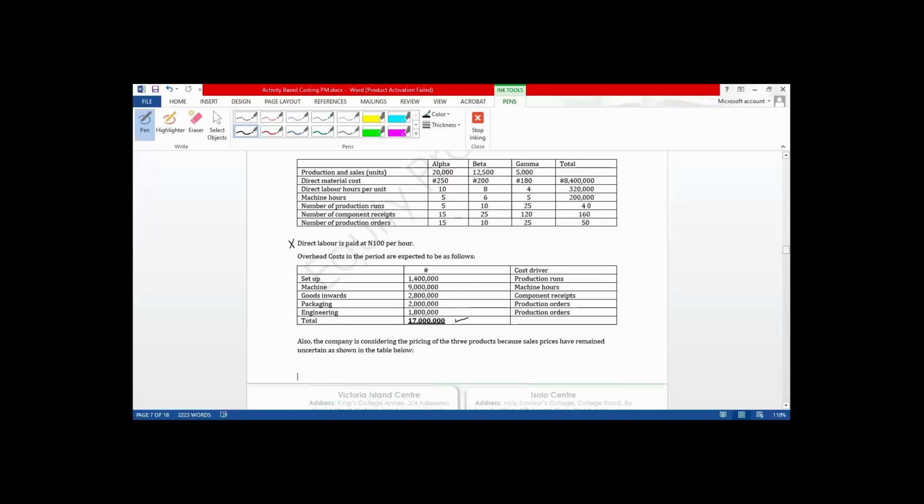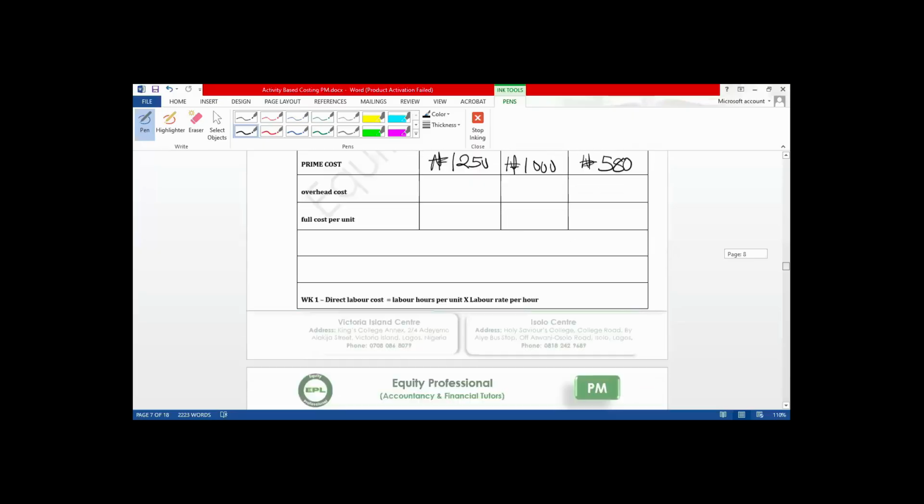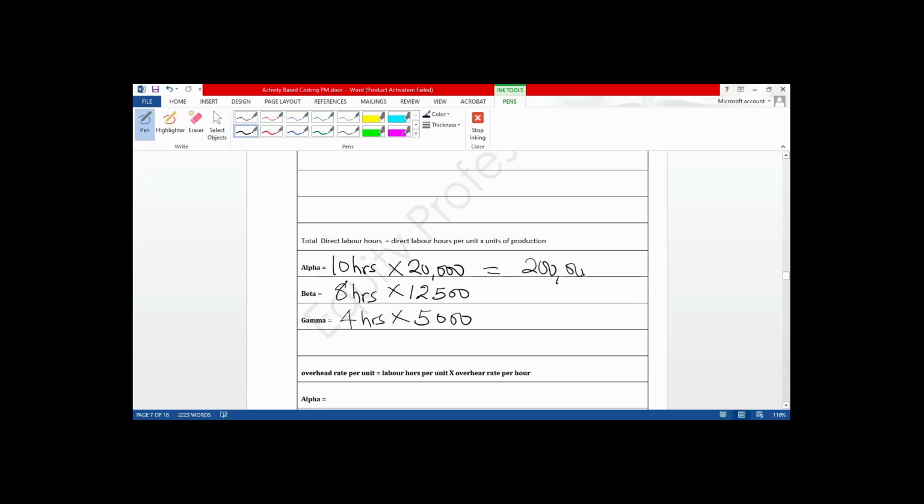So I multiply this by 20,000 units, this by 12,500 units, this by 5,000 units. Total: 200,000 labor hours.